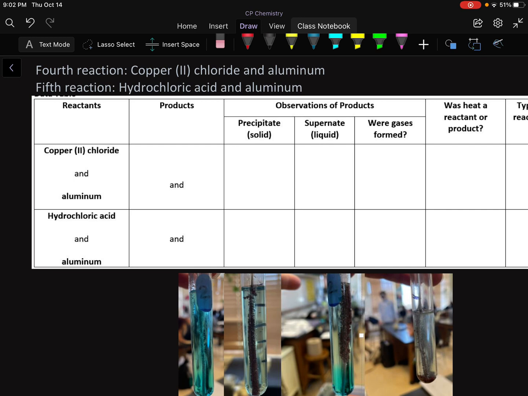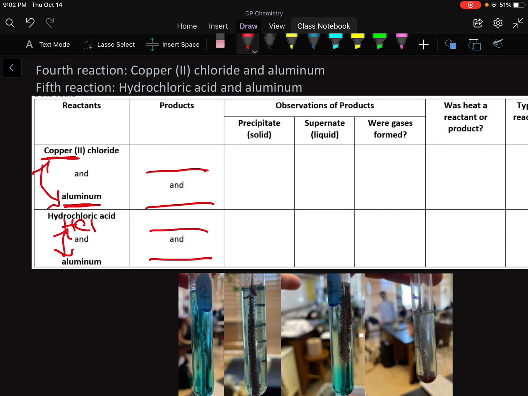So again, you are predicting a product here and here, here and here, based on the reactants. It's single replacement, so the copper and the aluminum switch places. And then hydrochloric acid is HCl, so hydrogen and aluminum swap places.